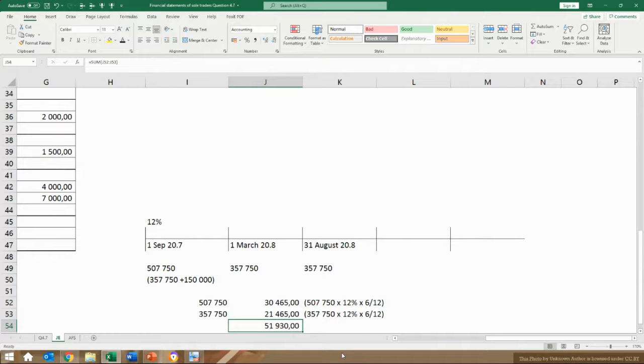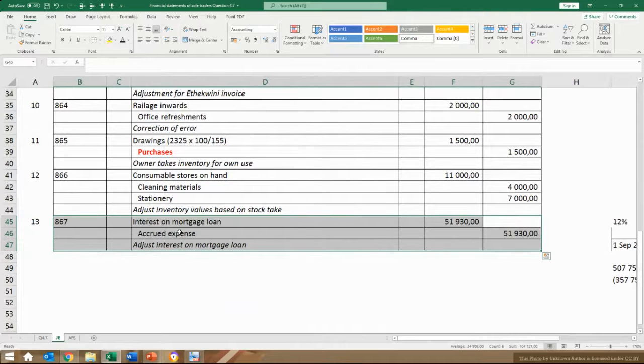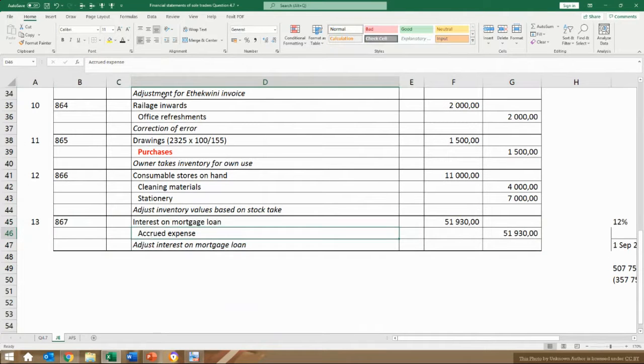And then when I add all of that together, the total interest I would need to pay would be 51,000. Now, because I haven't physically paid it as yet, I would accrue for that expense. We said when we accrue for an expense, it is a liability, because I would still have to pay the bank that amount.